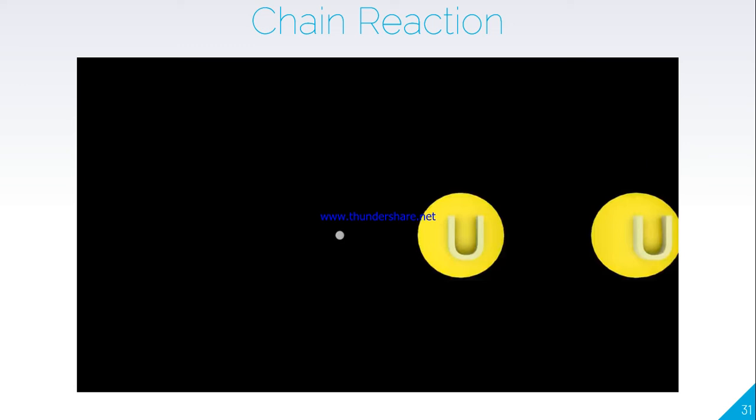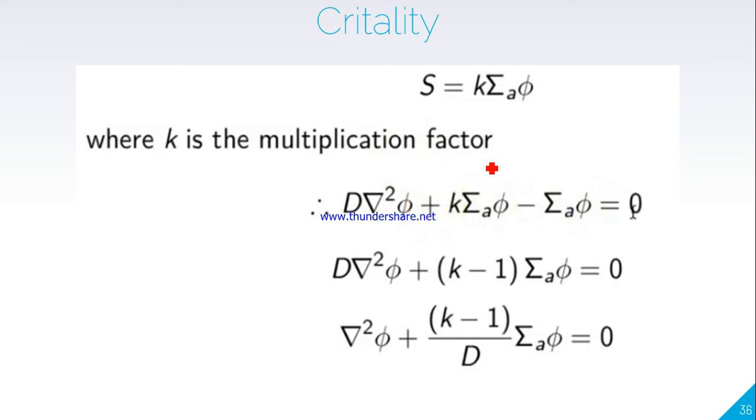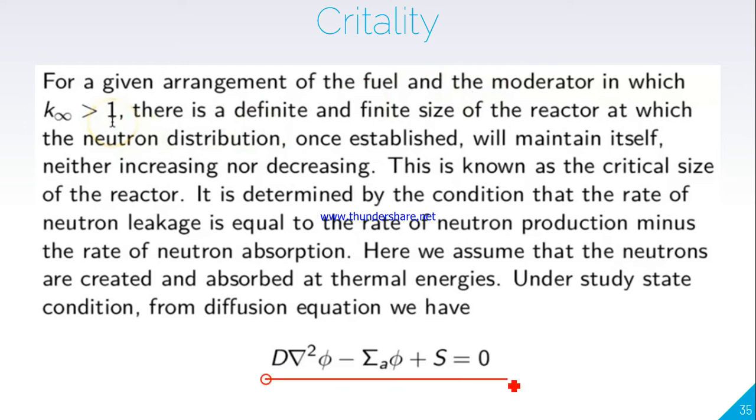As I told, if your del n, the rate of change of neutrons in successive fission, is constant, then del n by del t is 0.